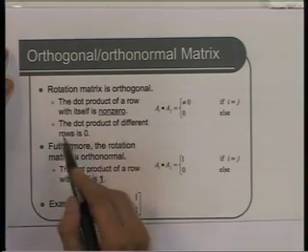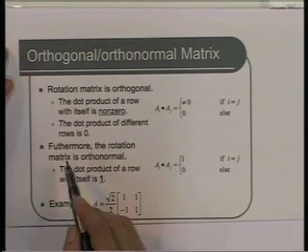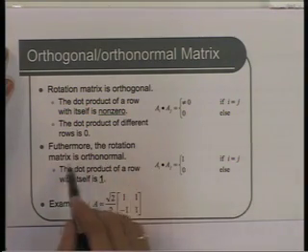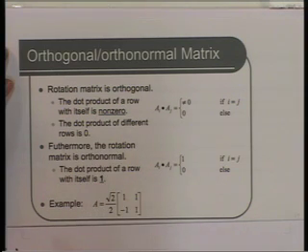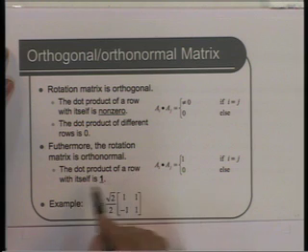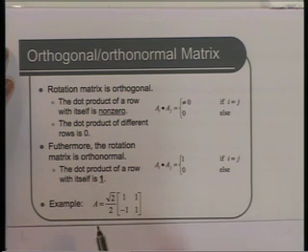The dot product of different rows is 0. Furthermore, we want the rotation matrix to be orthonormal. What this implies is that the dot product of a row with itself is 1. For example, the rotation matrix which we considered for the second example, where the source was the Lena image, is an orthonormal matrix.